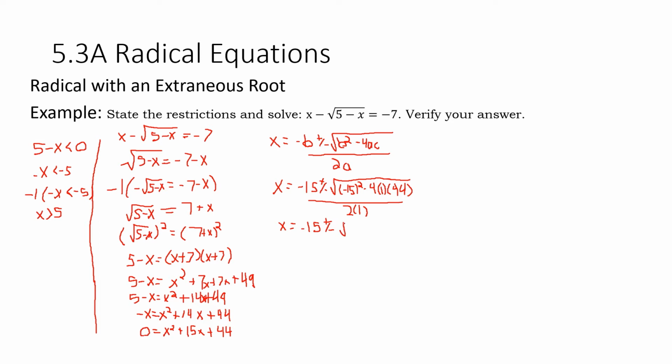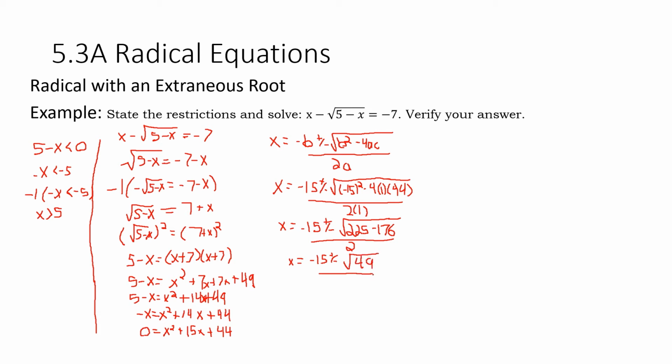So under here, square root of 225 minus 176 all over 2. Let's keep going. So x equals negative 15 plus minus root 225 minus 176, which is 49.